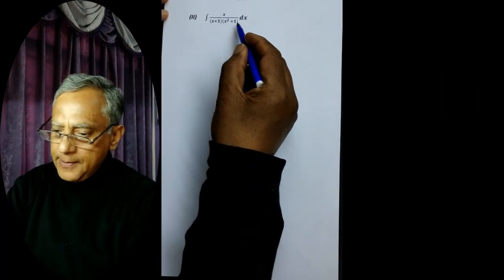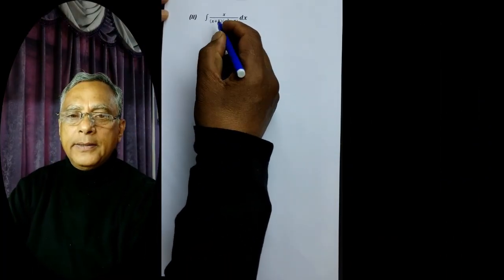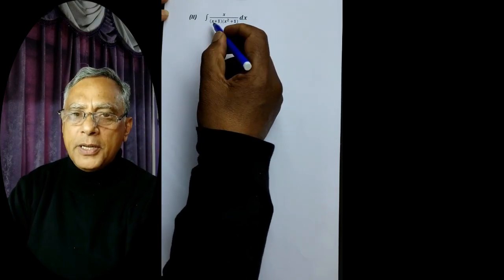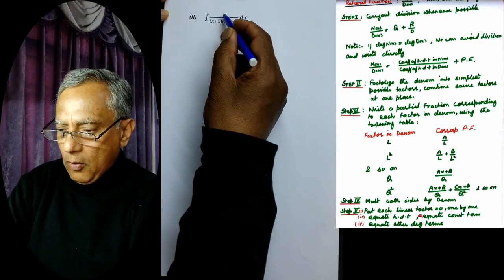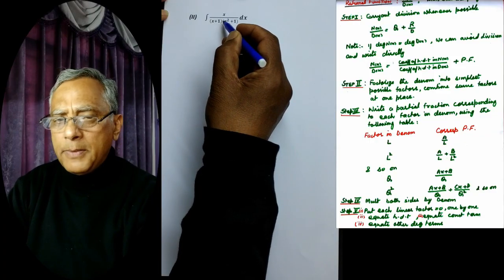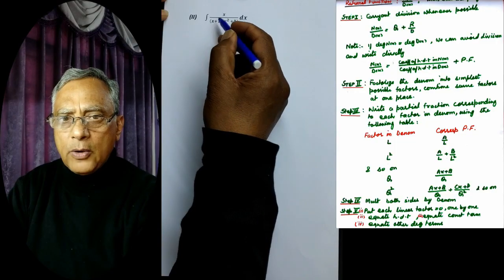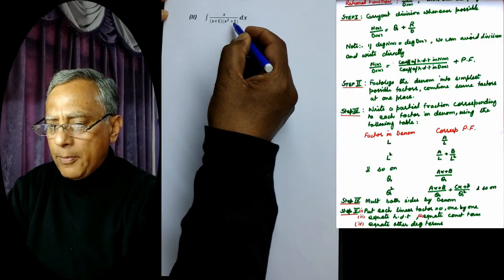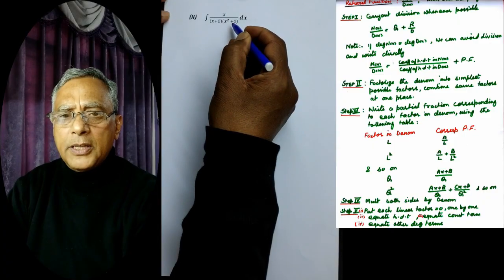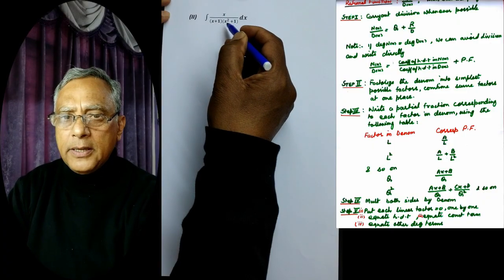Now next is the integral of x over this. Again we will resolve this into partial fractions. Now the first step is to carry out division if possible. Division is not possible, therefore the first step is not required. Second is to factorize the denominator into simplest possible factors. These are the simplest possible factors, therefore this step is also not required.